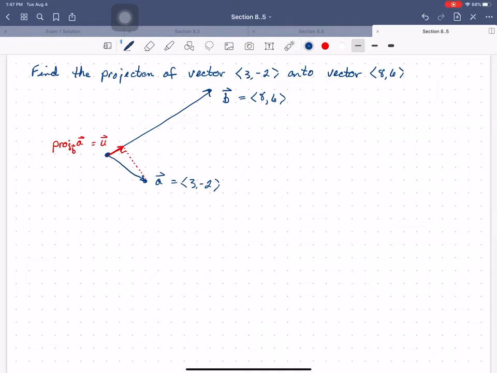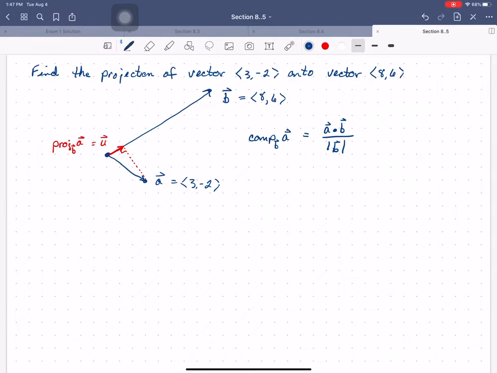So the magnitude, which your textbook calls the component of vector A projected onto B, remember, is equal to A dot B divided by the magnitude of vector B. So we have to do a little work first.